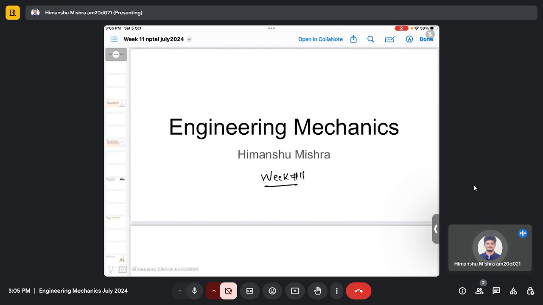So we try to relate these quantities with each other, and in the problems we will see how force influences the acceleration or velocity or vice versa, and similarly how movement influences the angular velocity or angular acceleration.